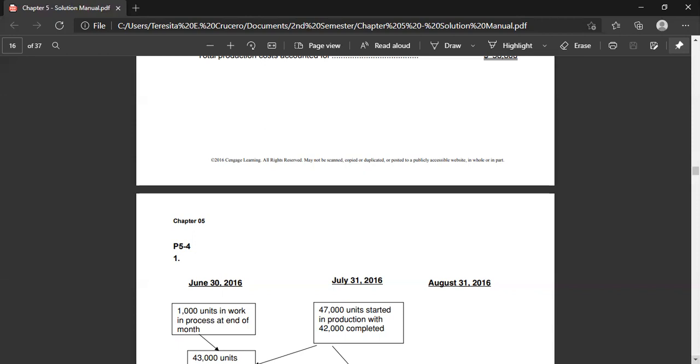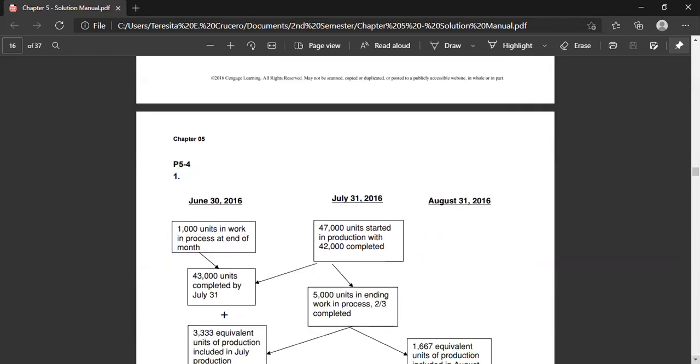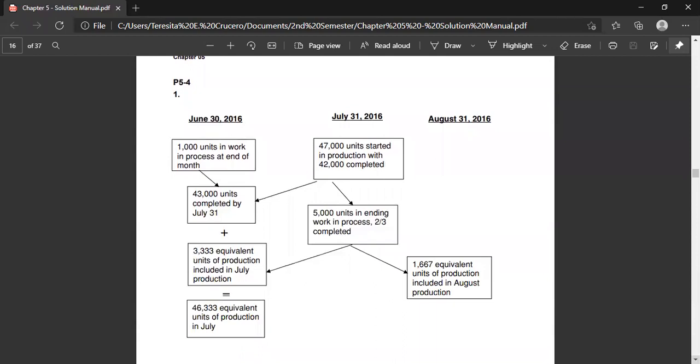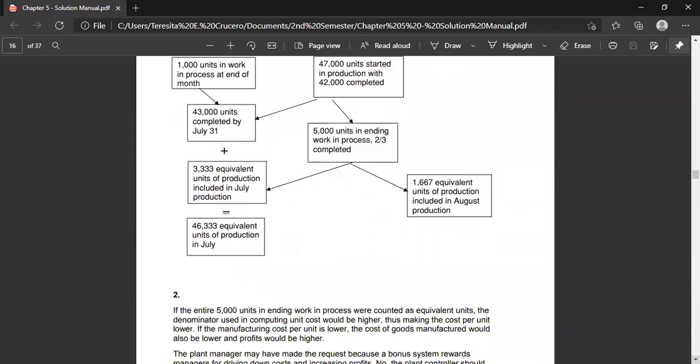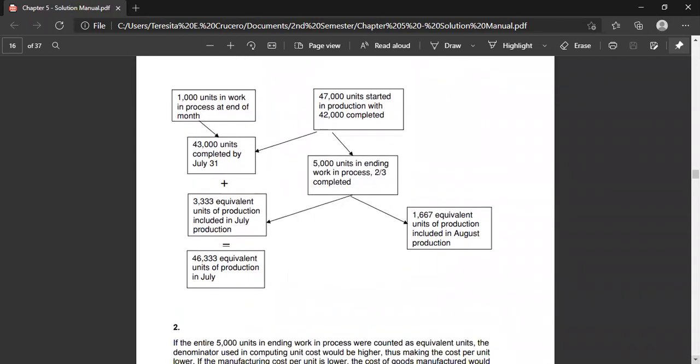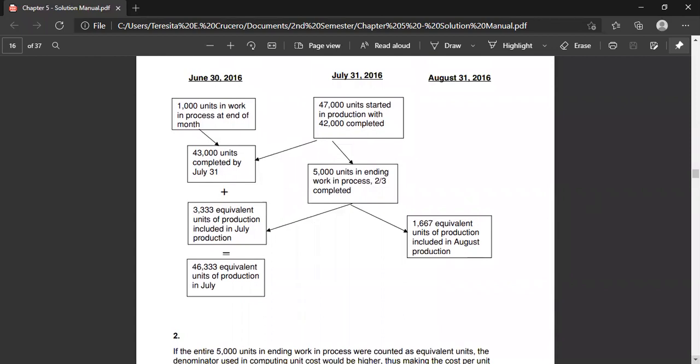So in here we have 5.4. First, we have to map the calculation of the equivalent units. That's in requirement number 1. So 1,000 units in process at the end of June.